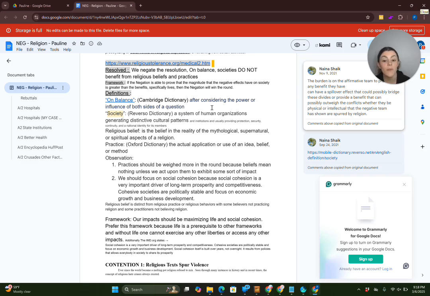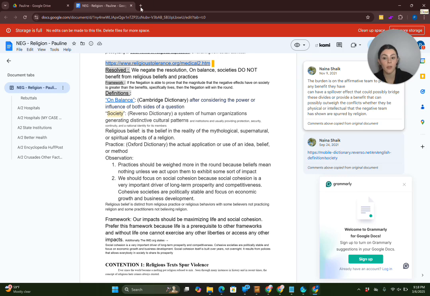My observation says we should focus on practices because beliefs mean nothing unless we act upon them. This is a very common argument for this resolution, because a lot of people are going to talk about how individuals use religion to justify going to war. Wars are a very common point. Or, again, cults, for example. That's not technically a religious practice, right?